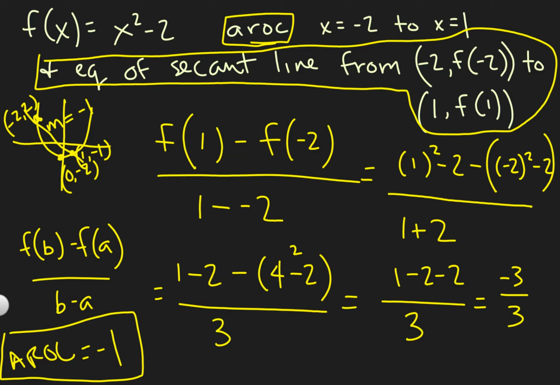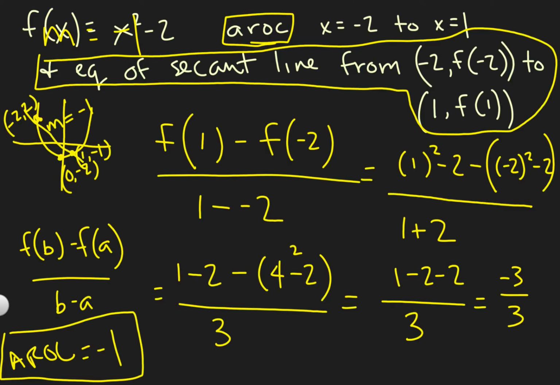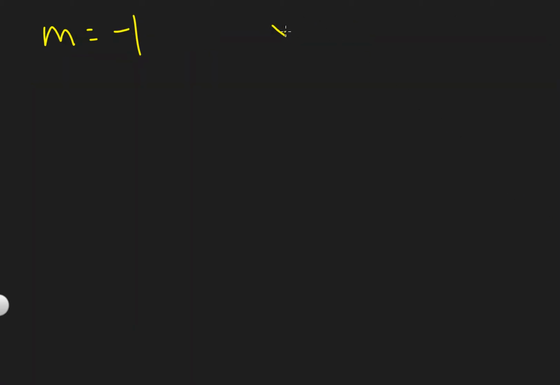So if we take those values, we found a slope equal to -1, and f of x is x squared minus 2. Let's just pick one of the points.